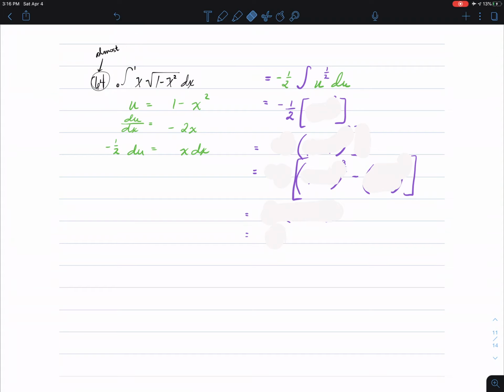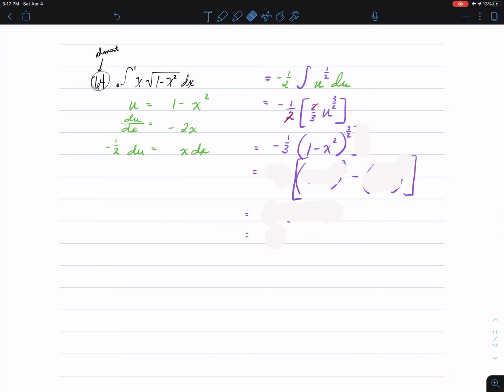So let's integrate. I have my negative 1/2. My integral is 2/3 u to the 3/2. Now let's change back into x's by substitution. Cleaning up a little bit, I'm going to have a negative 1/3 out front because my 2's will cancel each other. The u is going to become 1 minus x squared again.